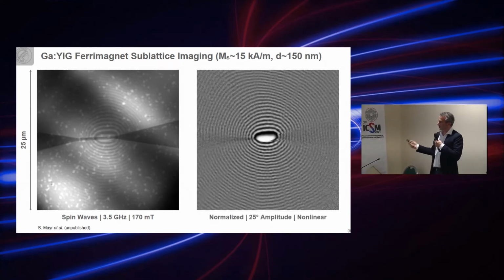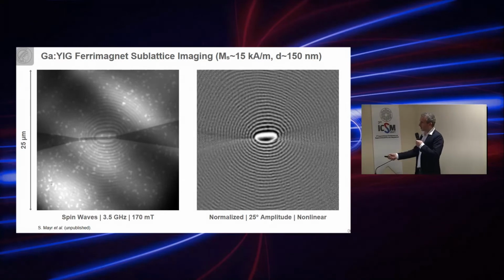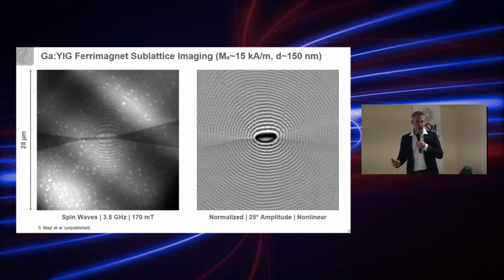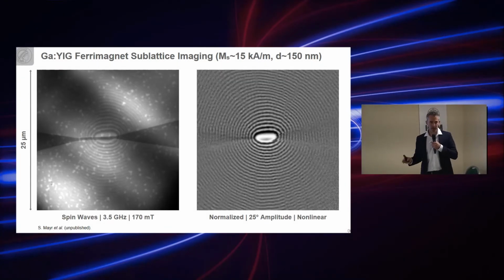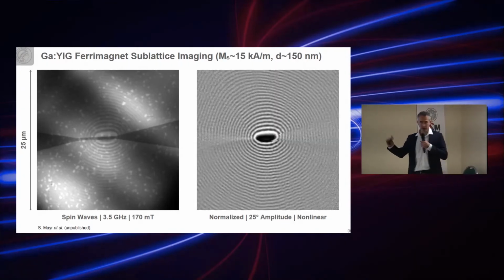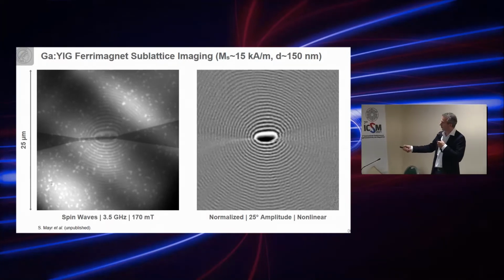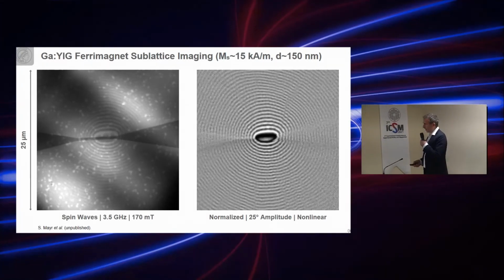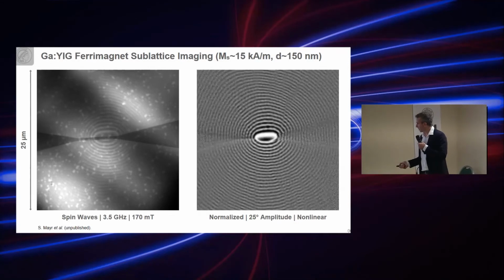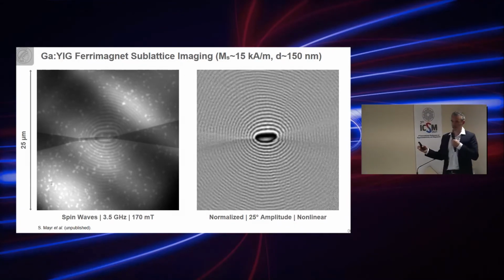Now we can also go to a normalized view by dividing each frame of this image by the average, meaning that we are only sensitive to magnetic changes or oscillations in the sample. So then you really see very nicely those waves propagating. And what we found here was that there's actually a nonlinear excitation process going on.